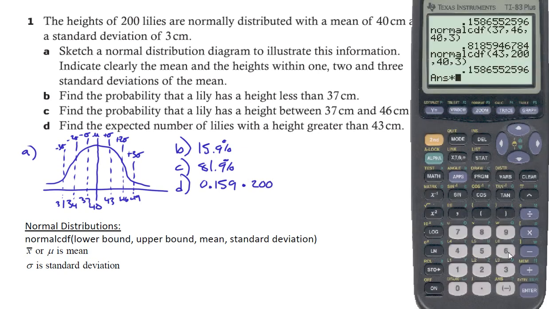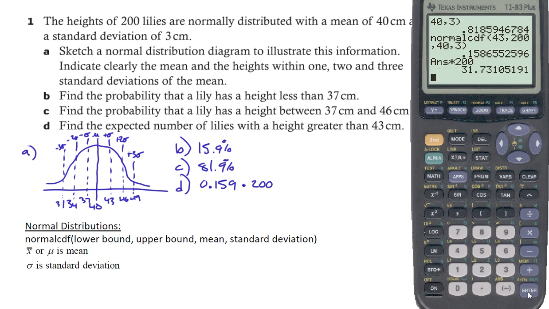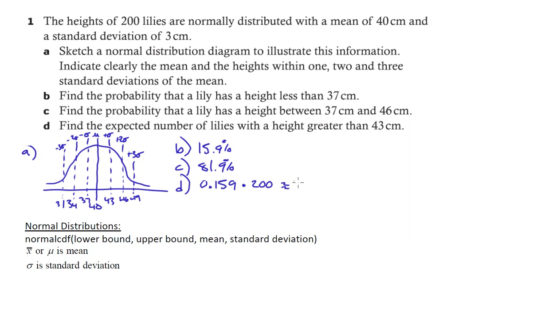So take that number times 200, and that means we're going to have about 32 lilies. Oops, I spelled that wrong, sorry. L-I-L-I-E-S. Okay, so we should expect about 32 lilies to have a height greater than 43 centimeters.